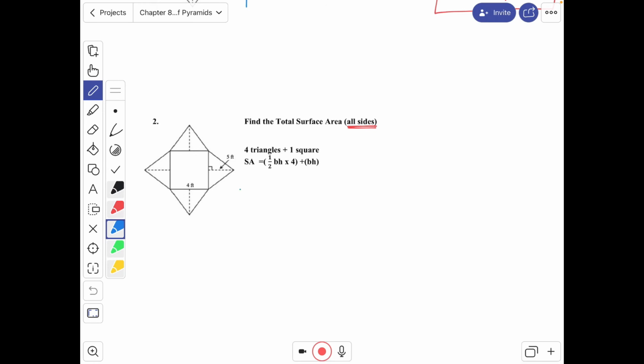So we'll start with the triangles. 1/2 times the base of the triangle is 4. The height of the triangle is 5. And then there's 4 of them. Plus the base of the square is 4. And since it's a square, all the sides are the same, so the other side is also 4.